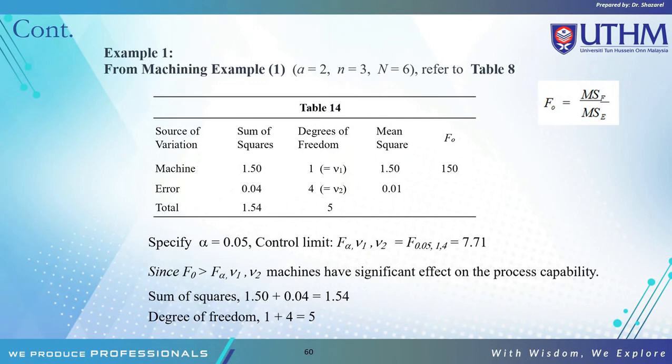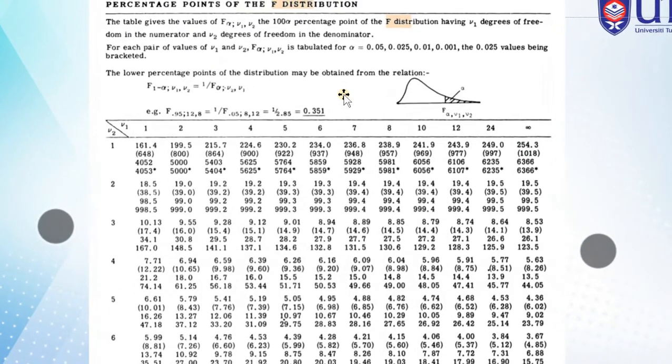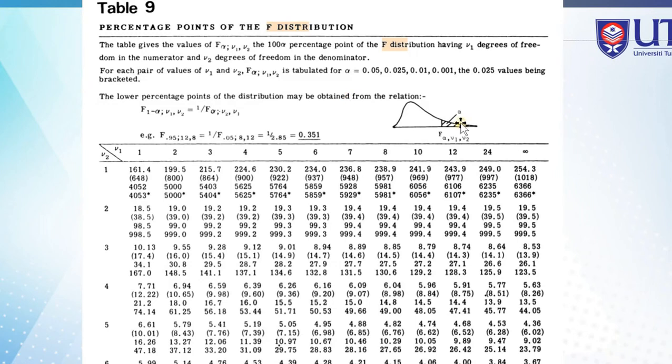You can also use the Modox table, statistical table, table 9, which I already gave to you. Just a recall, for the Modox table, it gives the F value according to different alpha, but now they are put in the same table. For the combination of V1 and V2, there are 4 values.